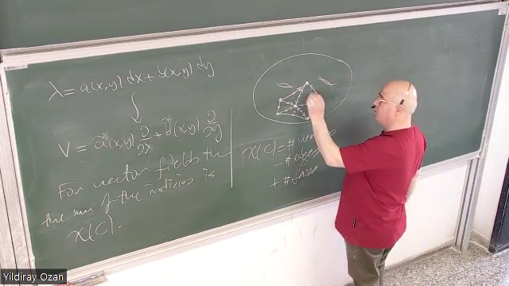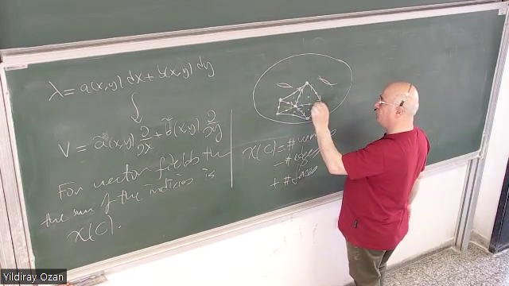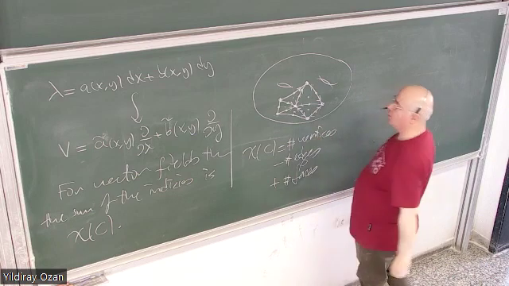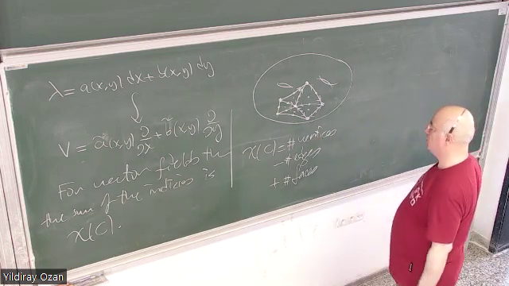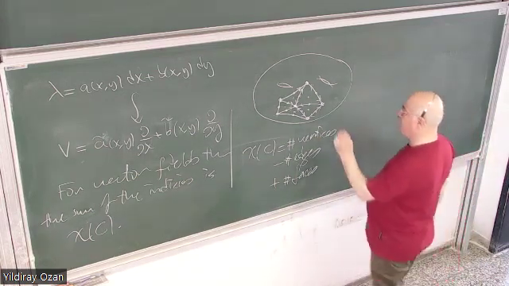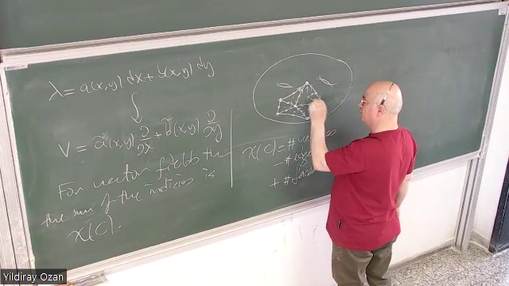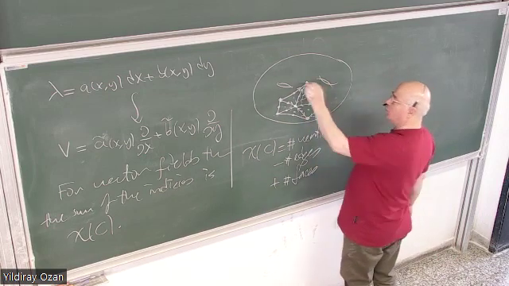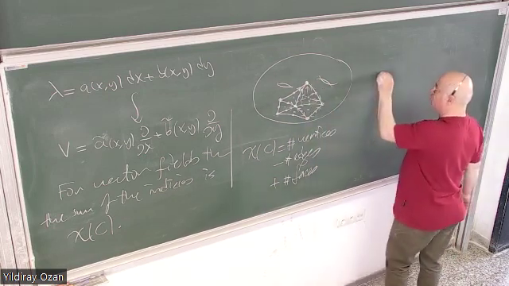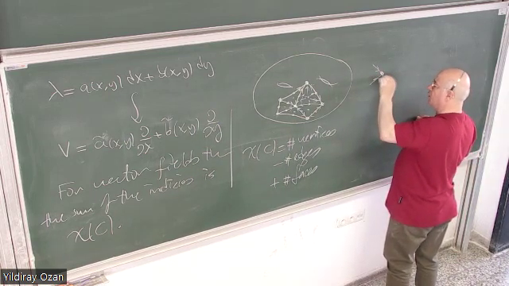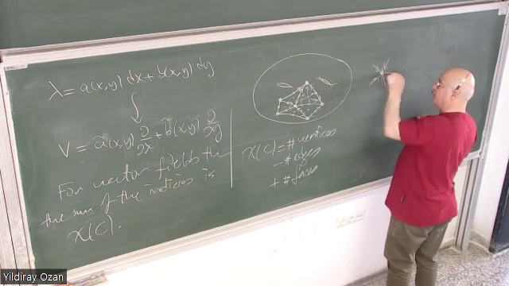Here we have a source, so it goes like this. So at the vertices, all the arrows are going like this.